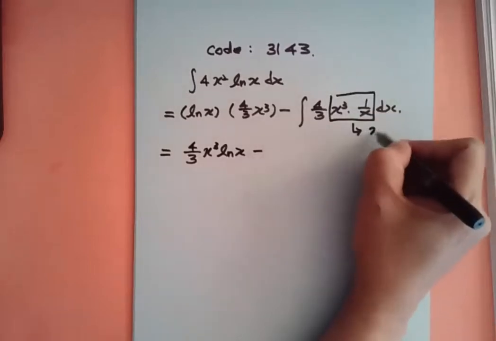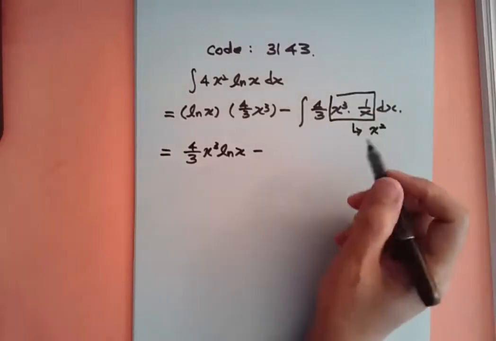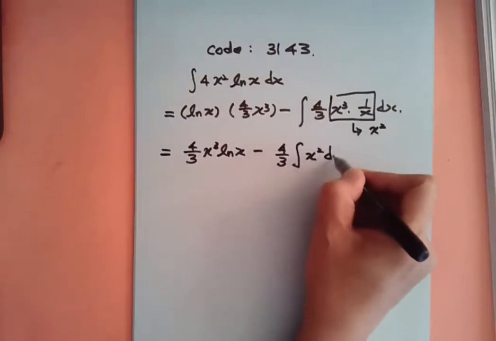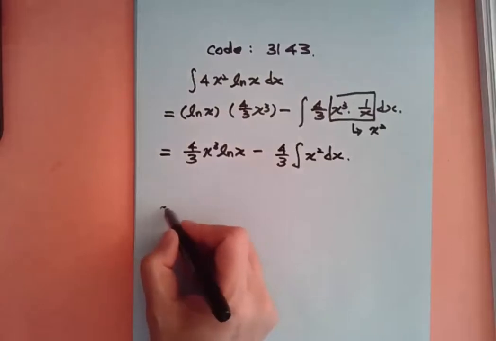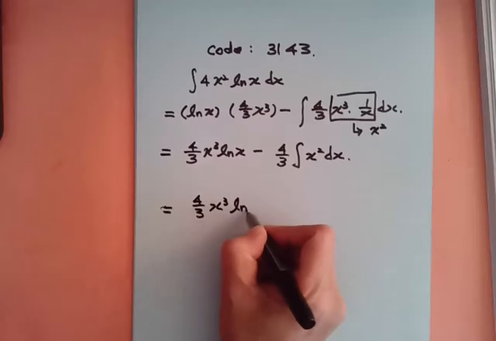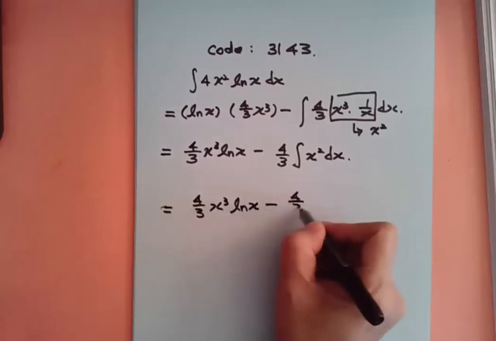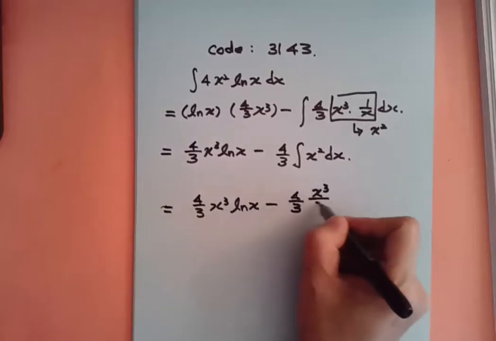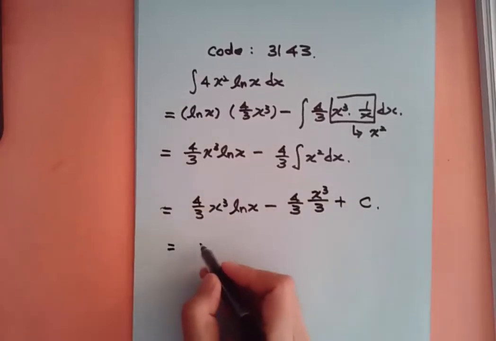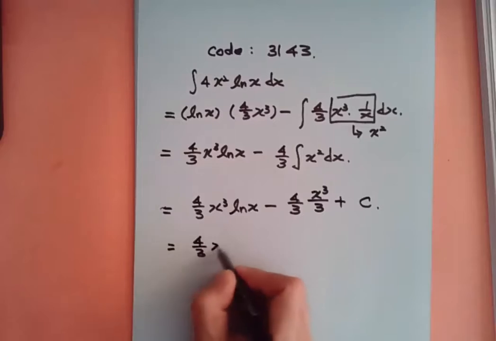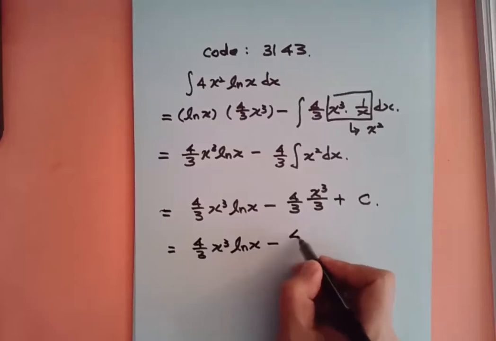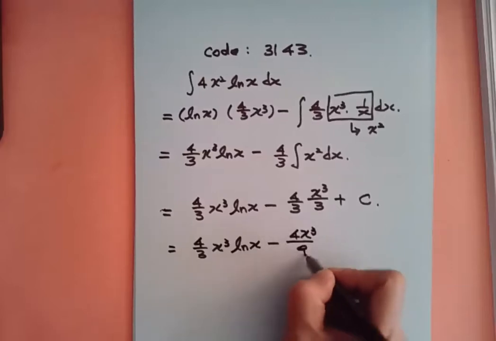This is x squared. So we have 4/3 integration x squared dx. And then that is 4/3 x cubed natural log of x minus 4/3 x cubed over 3 plus c. When we simplify, it becomes 4/3 x cubed natural log of x minus 4x cubed over 9 plus c.